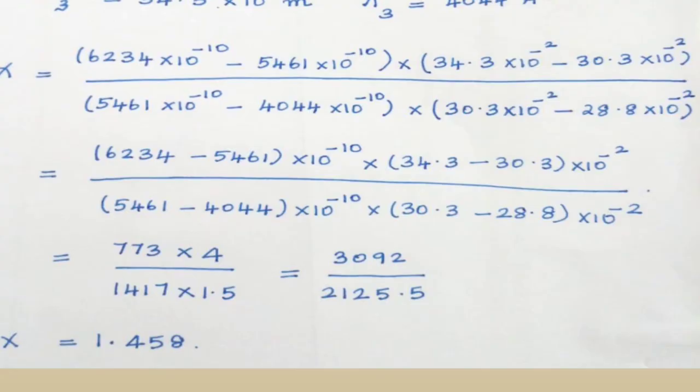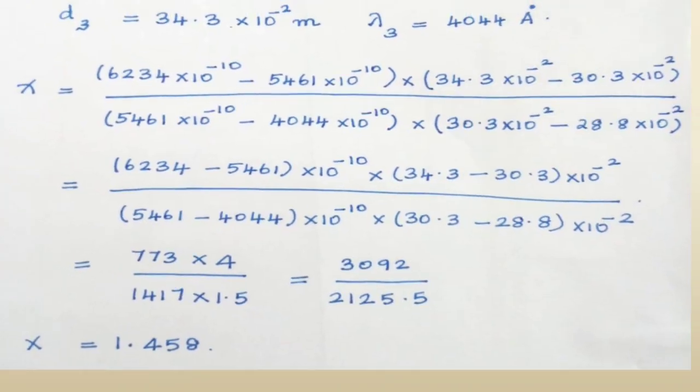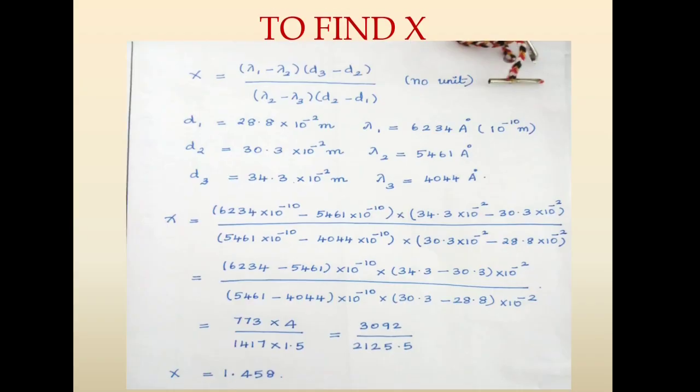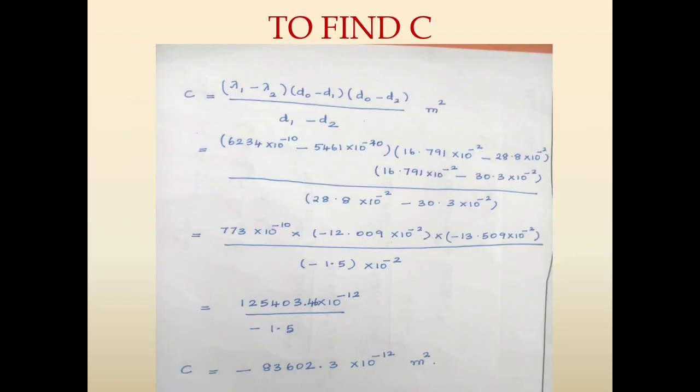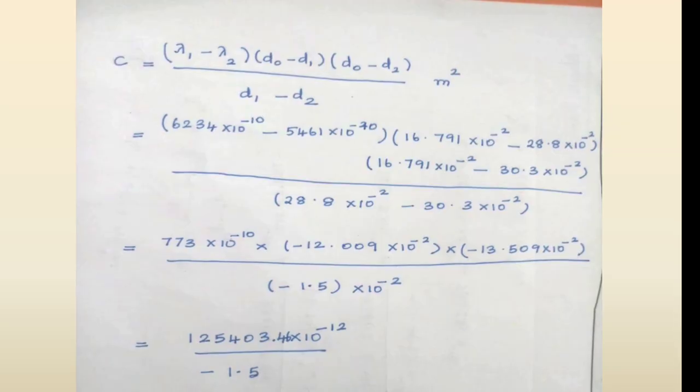Please do not check your answers against your next batch, because x is a constant which will vary from one set of readings to another set of readings. It will not be the same for all. So we have found x. Next, we are going to find out what is c.